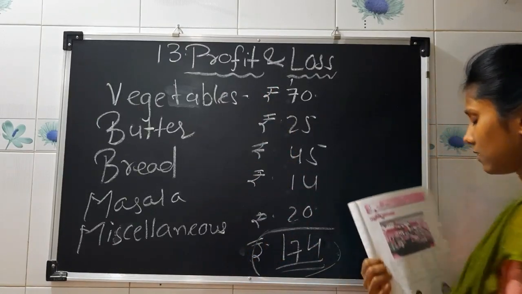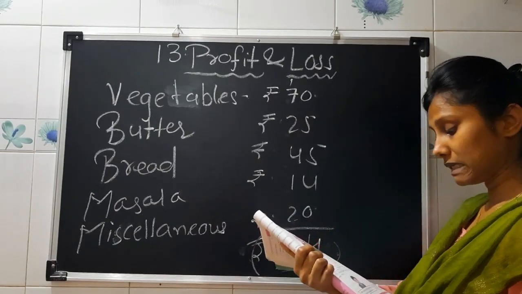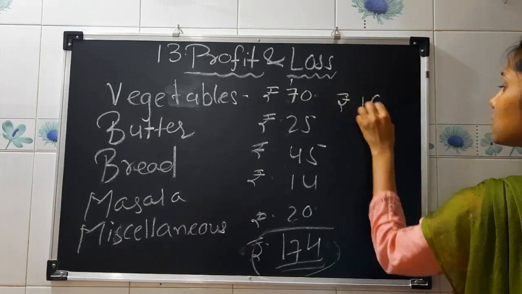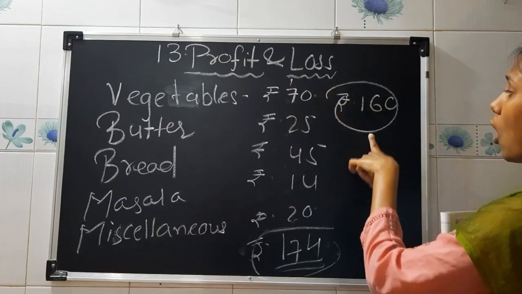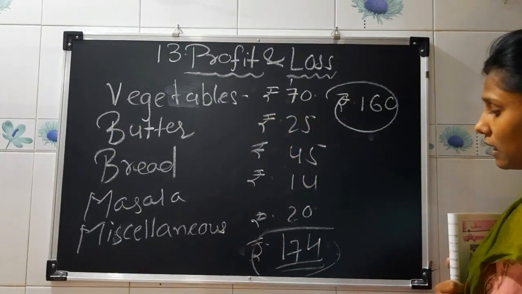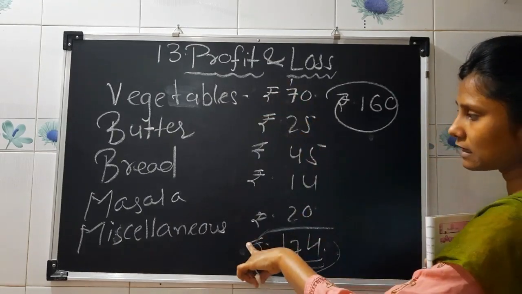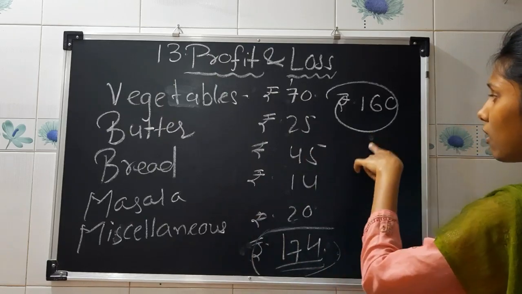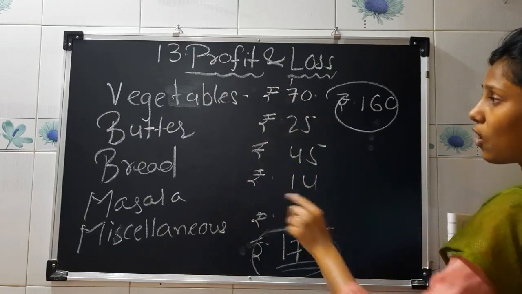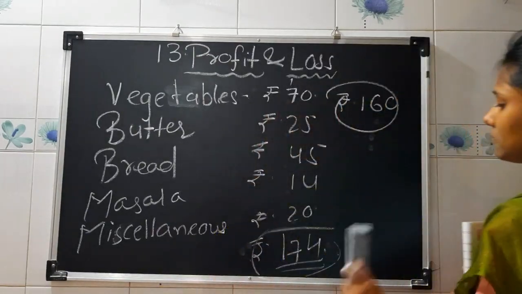But what they have given is the amount Pranav gained through his sales, rupees 160, which means he earned rupees 160 on selling all these things.